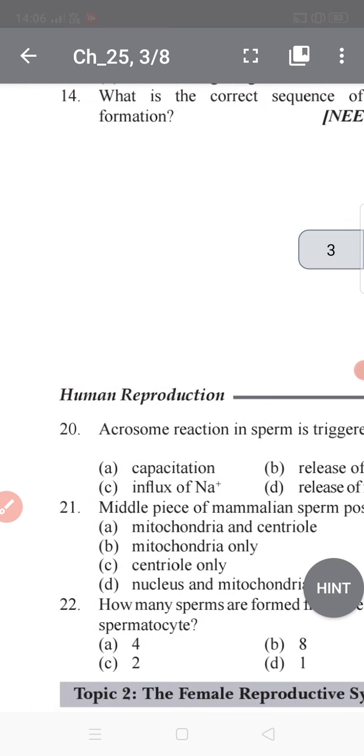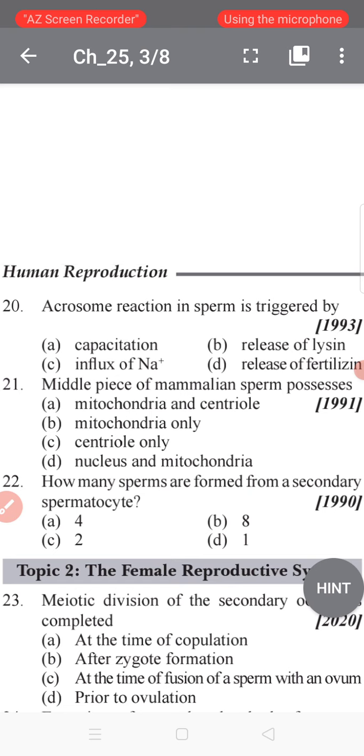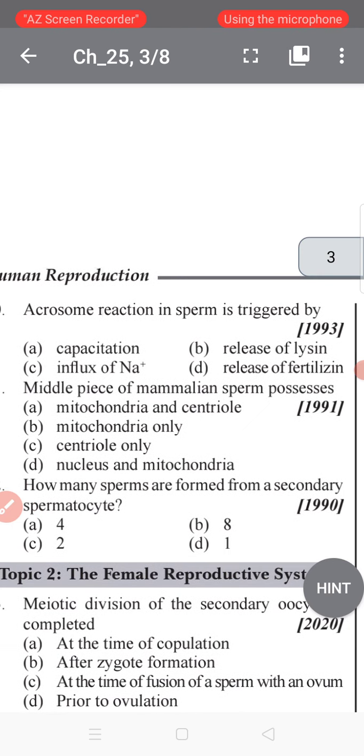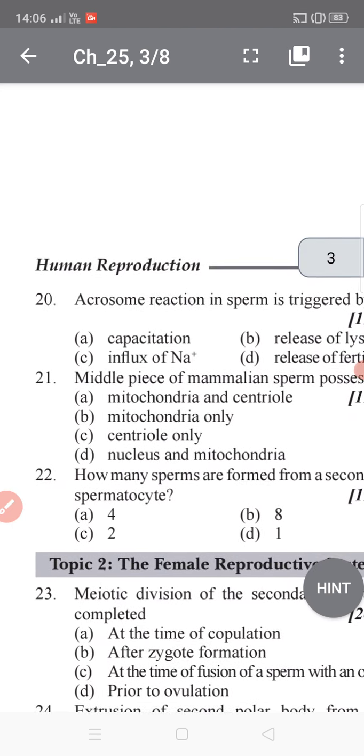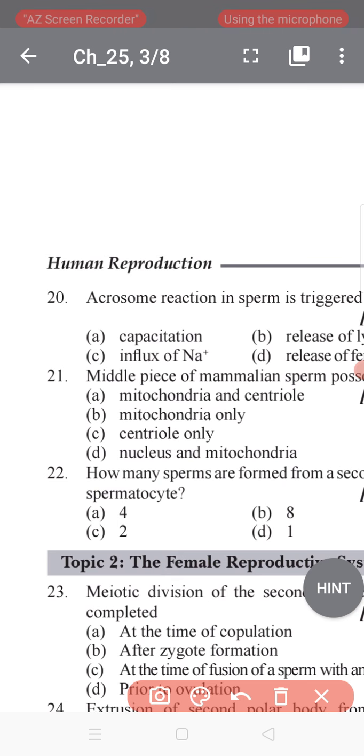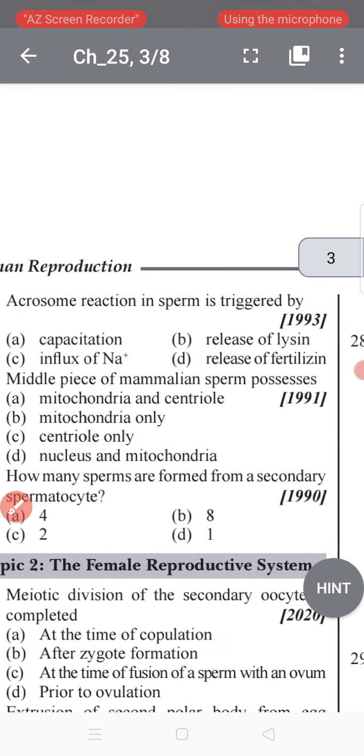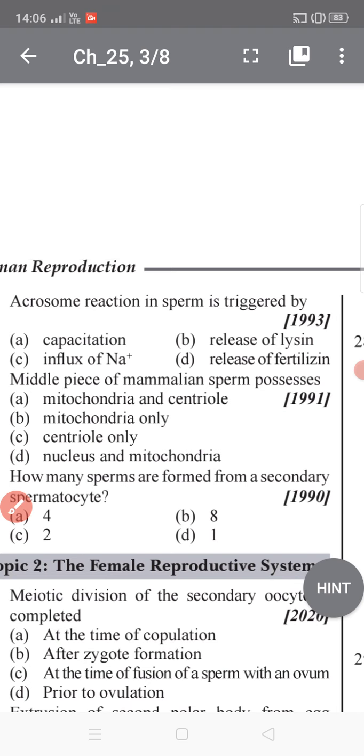Now we're talking about the acrosome reaction in the sperms. It is triggered by what? Release of fertilizin. Yes, this is the hormone fertilizin. The egg basically secretes fertilizin, due to which the acrosome of the sperm secretes anti-fertilizin, and due to their reaction, sperms adhere to the egg.